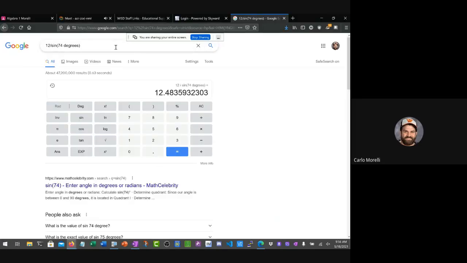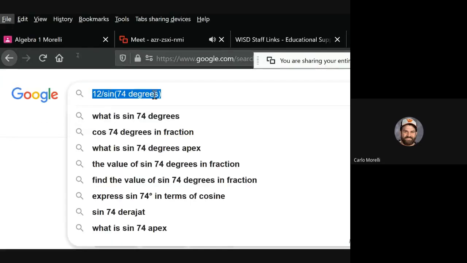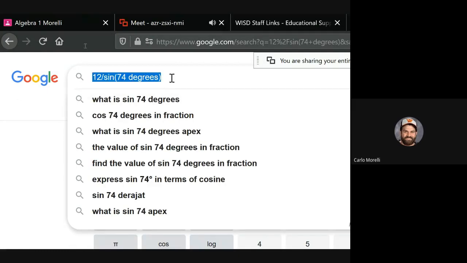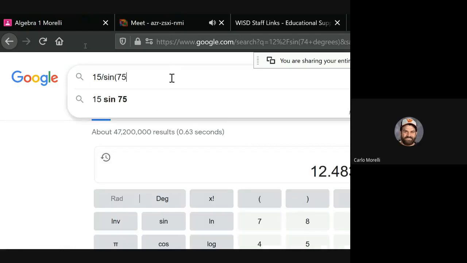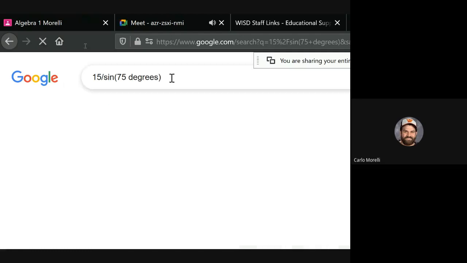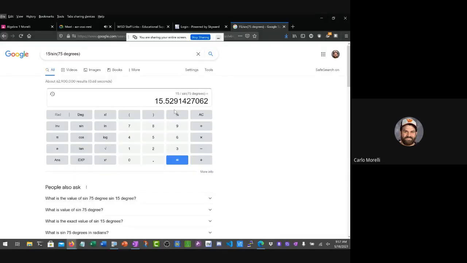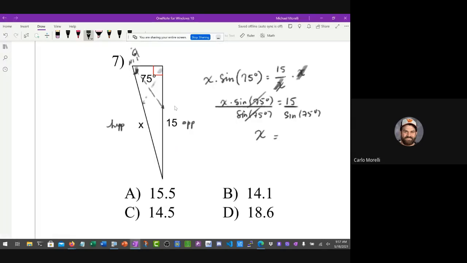I'm going to use Google again so you can see how this works. 15 divided by the sine, open parentheses, 75, and then I type out the word degrees. I'm getting 15.529. So 15.52. If I round to the nearest tenths place, I'm getting 15.5. A.